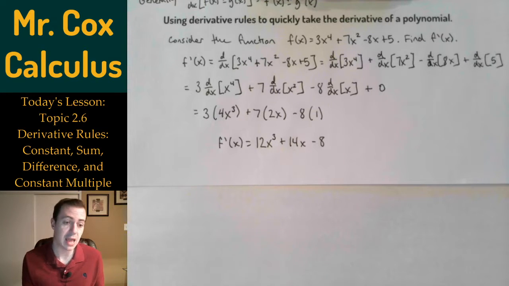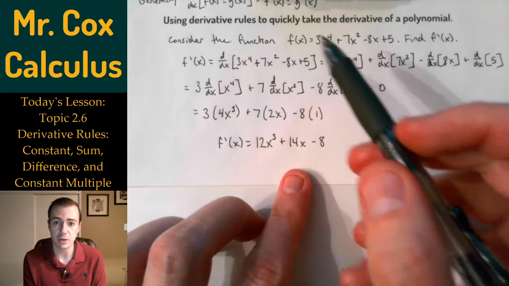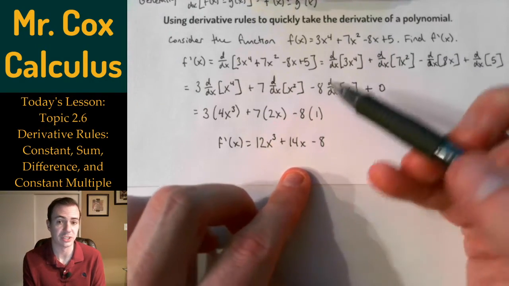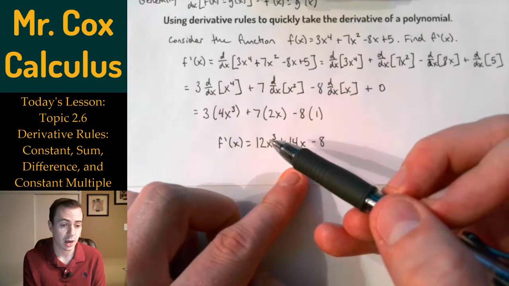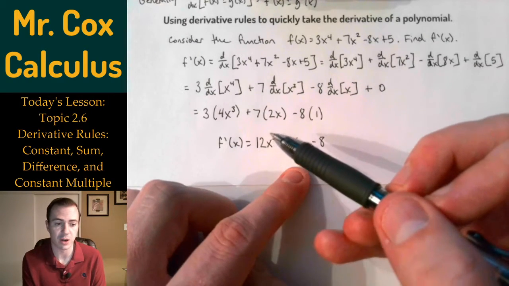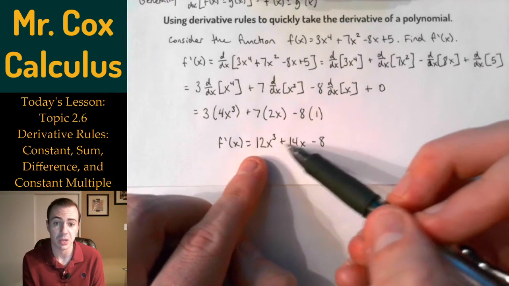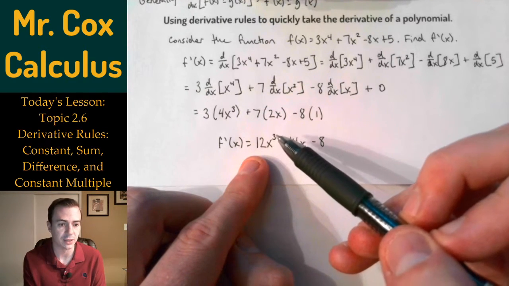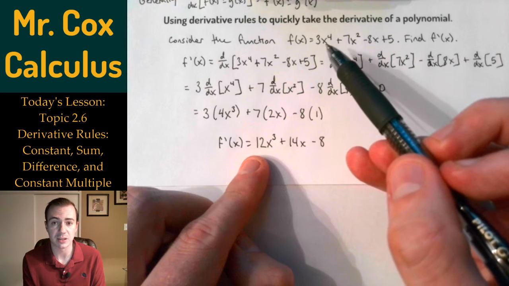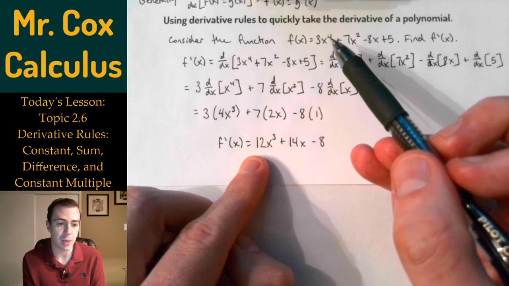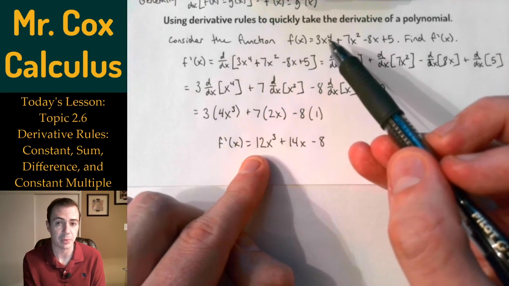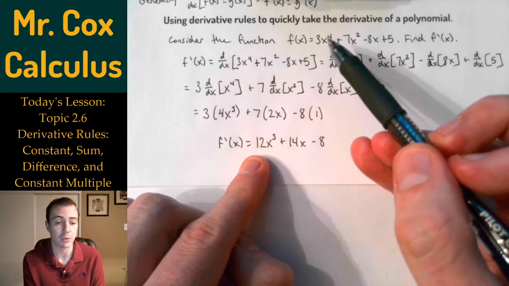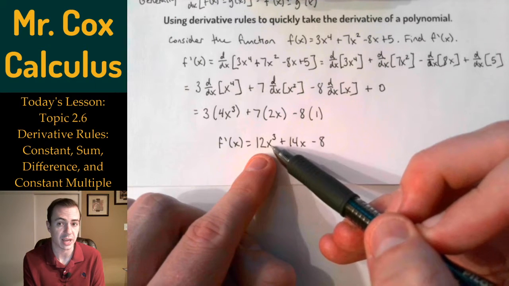Now then, the expectation moving forward is that you're going to be able to go from here to here in one single step, that you're not going to have to show this rigorous expansion of all the derivative rules we applied today. So let's see if we can go from here to here in one single step. If I have 3x to the fourth, I apply the power rule, and I get 4 times 3, which is 12, and then reduce the power by 1, it becomes x cubed.